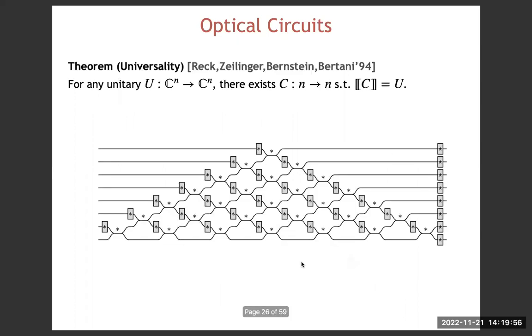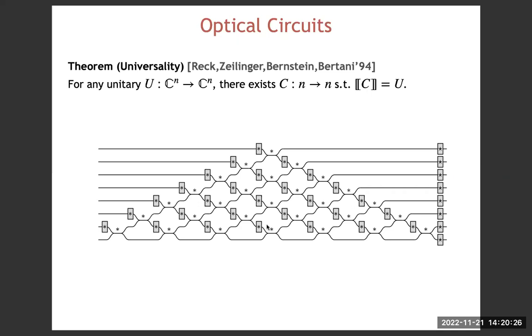Okay, so there is this result in the 90s, a universality result. For any unitary transformation, there exists a circuit of this triangular shape which implements the unitary transformation. The star means that there are some values of the parameters implementing the unitary transformation you want. So it's a universal model.